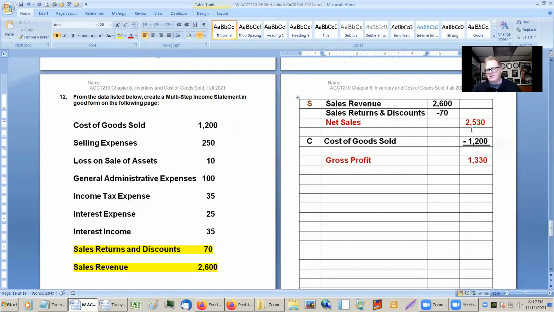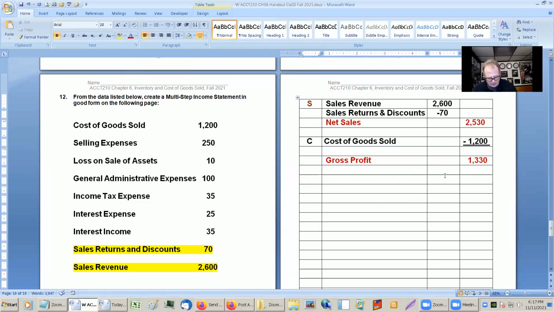Okay, so that's what we made on just the goods. We sold them for 2,530. We paid 1,200 for them, and we made on just selling the goods 1,330. And now, though, we have to pay the rent and all that other stuff.